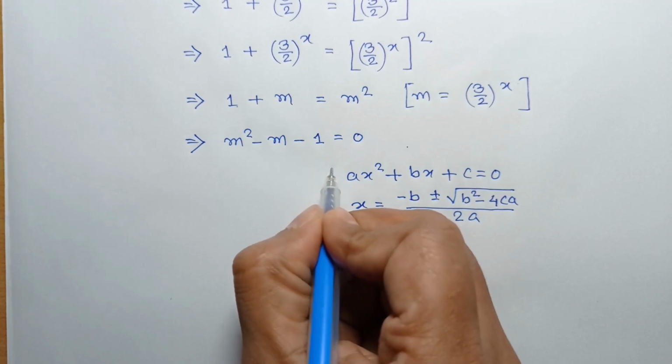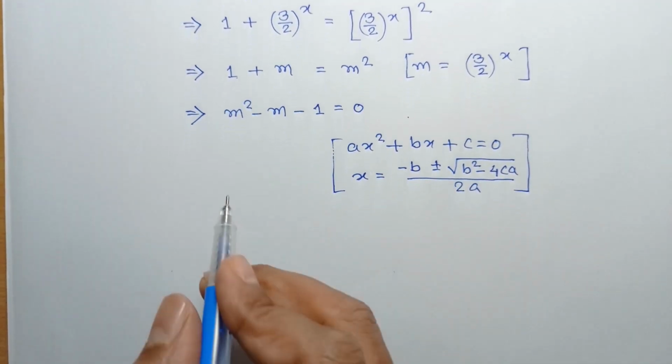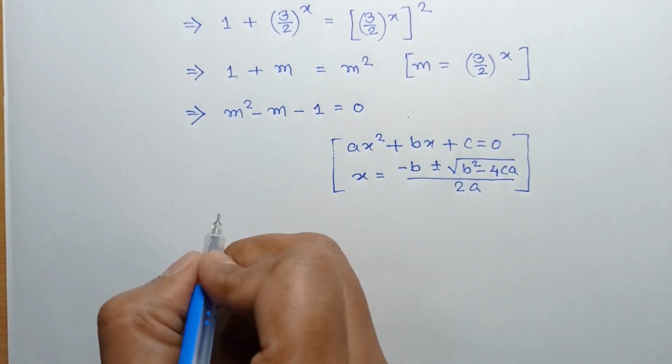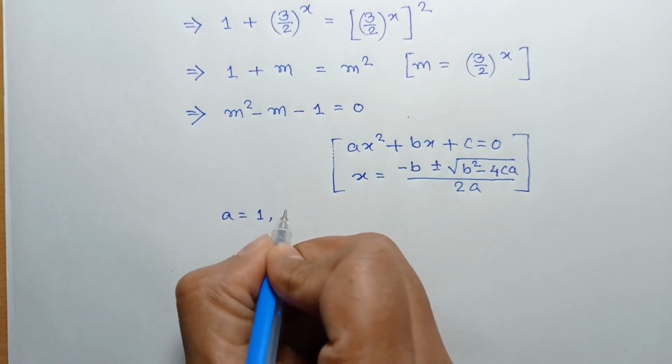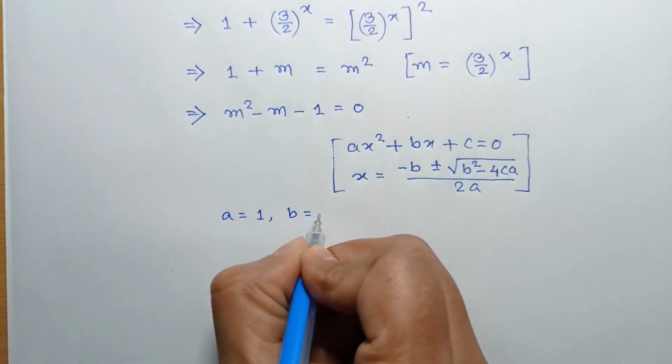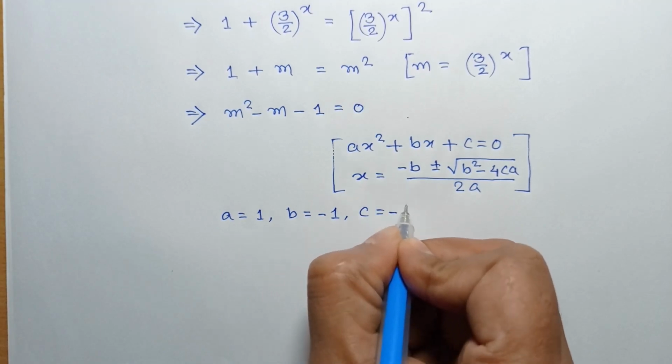Now according to this formula, if we compare with it, we will have a is equal to 1, b is equal to negative 1 and c is equal to negative 1.